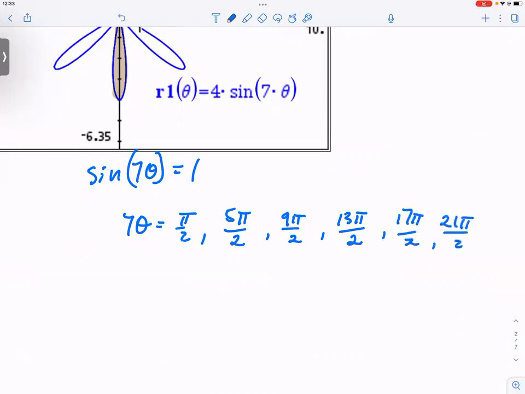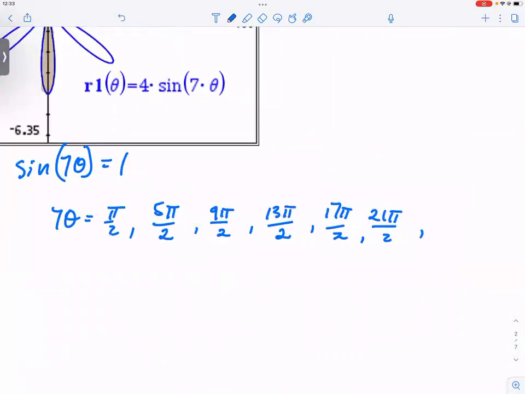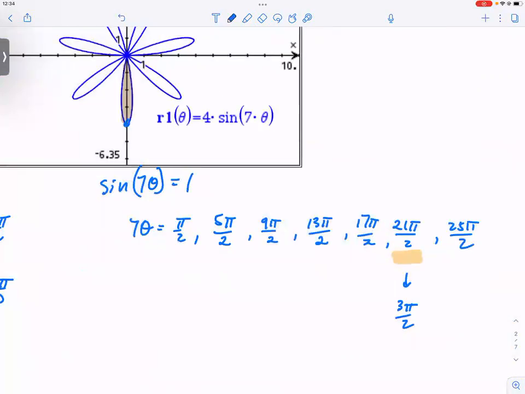And right here, for the sake of completion or the integrity of the problem, we'll continue to list them. But you know which one is going to give you the indication. You'll be like, yeah, that's the one, because when you divide by 7, this will become 3 pi over 2. And you know that the tip is going to be right here at 3 pi over 2.